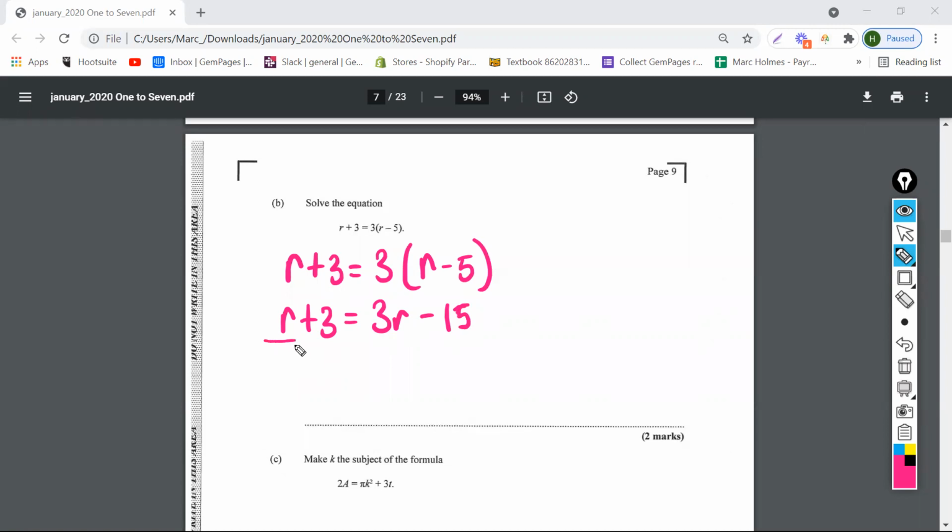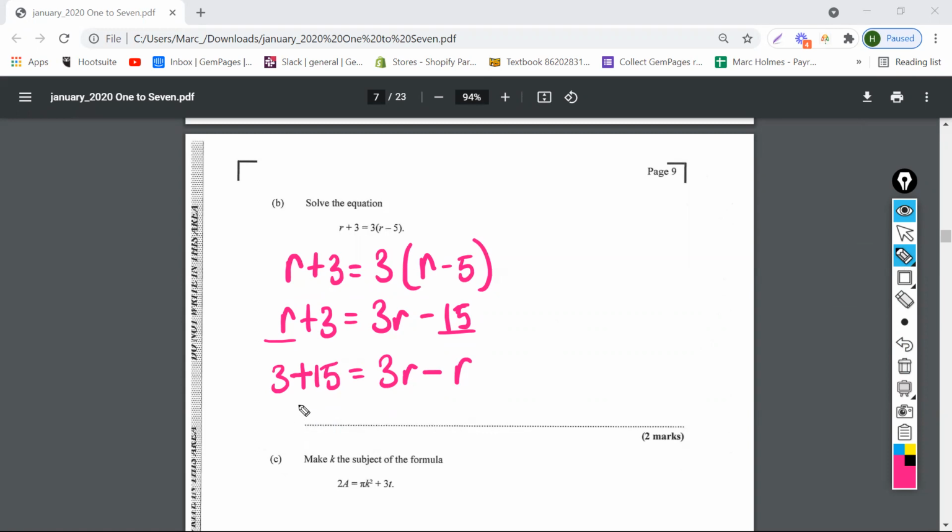And then I'm going to carry this R over to the right side and the 15 over to the left. So I'm going to end up with 3 plus 15 is equal to 3R plus R. Oh, it's supposed to be a negative. Sorry about that, guys. This R becomes negative and this 15 becomes positive.